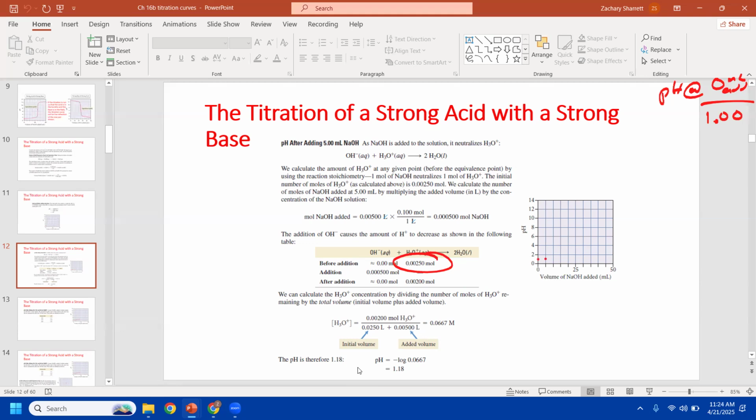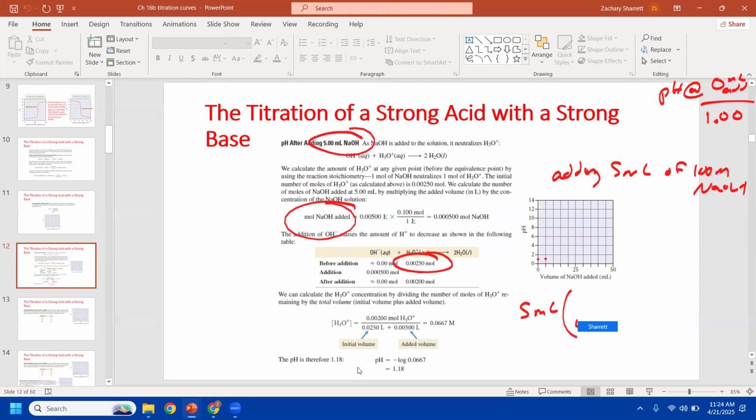And now when we add 5 mils of NaOH, we have to see how many moles of NaOH we're adding. Everybody with me so far? So we're adding 5 mils of 0.1 molar NaOH. To calculate that, there are 1,000 milliliters per liter.